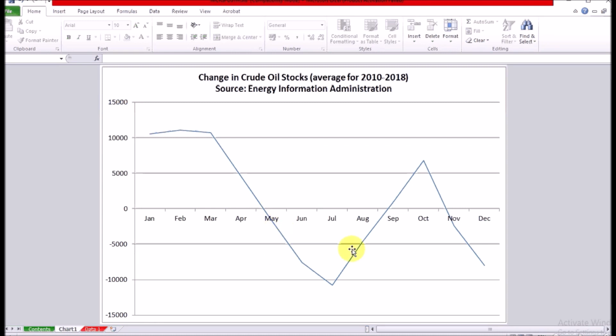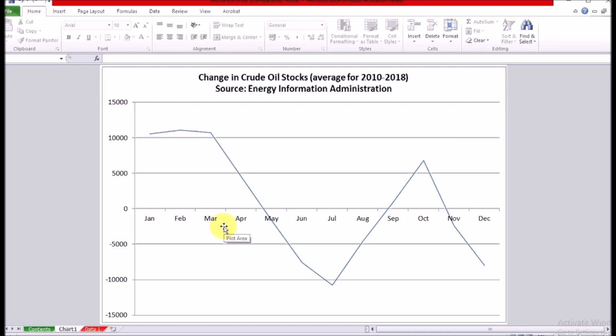We see that generally in summer stocks drop, meaning a relatively large consumption of crude oil in the months of summer. And we see something similar happens in the months of winter, whereas in autumn and spring, crude oil stocks in the US generally actually grow, which means the consumption of crude oil in those seasons is not as high.